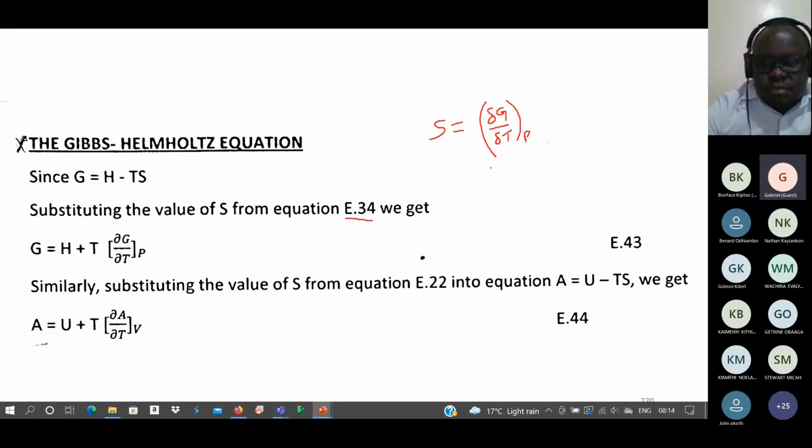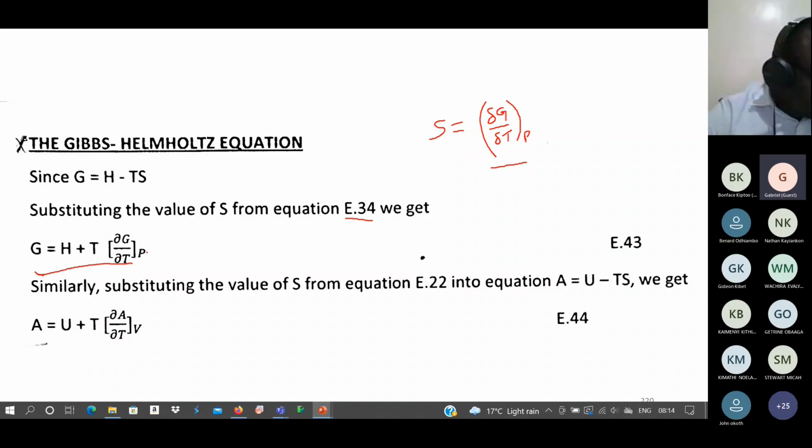So if you put in the value for this expression for S, you get G being equal to H plus T times delta G over delta T at constant P.